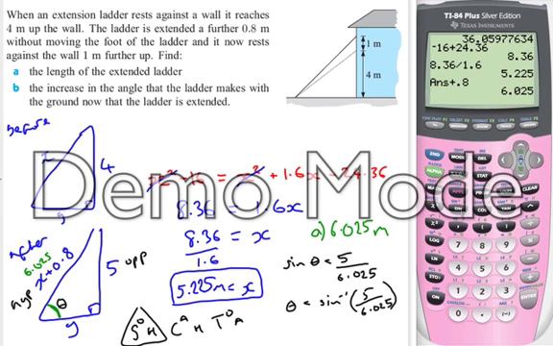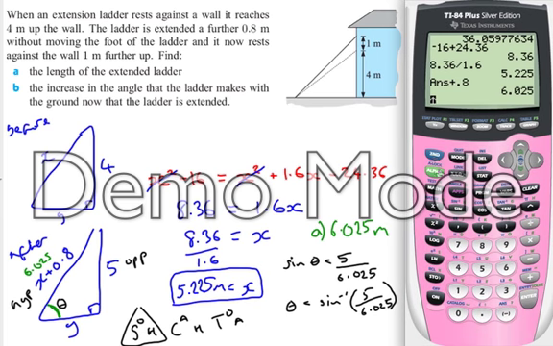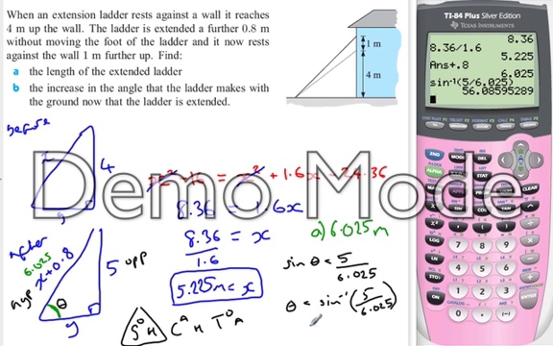So, using my calculator, second sine of 5 divided by 6.025 gives me the angle 56.1 degrees. So that is my answer to part B.